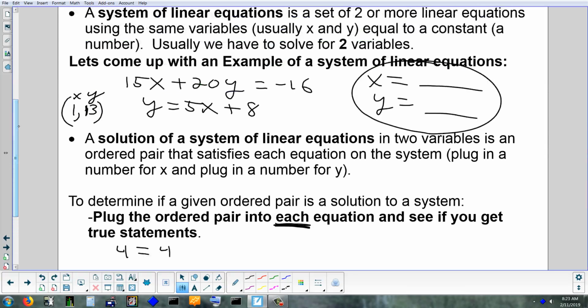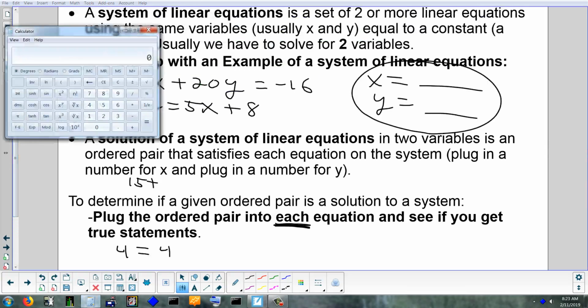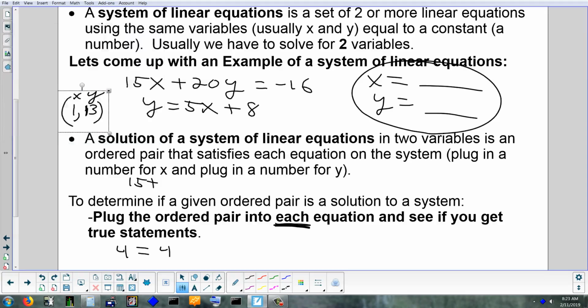Now if we try it in the top, I don't think it's going to work. If X is 1, what's 15 times 1? 15. It's 15 plus, what's Y again in this coordinate? 13. 13. 20 times 13, that's going to be, what, 290 or something? 260? So that's 260.